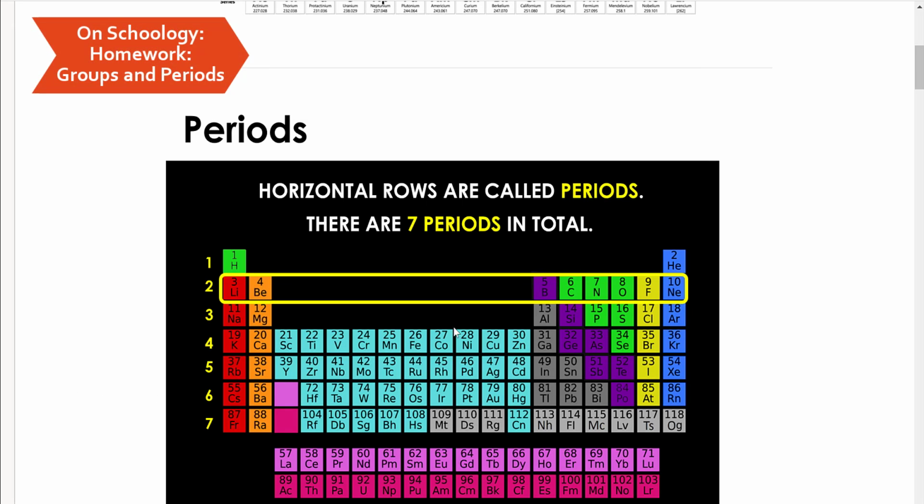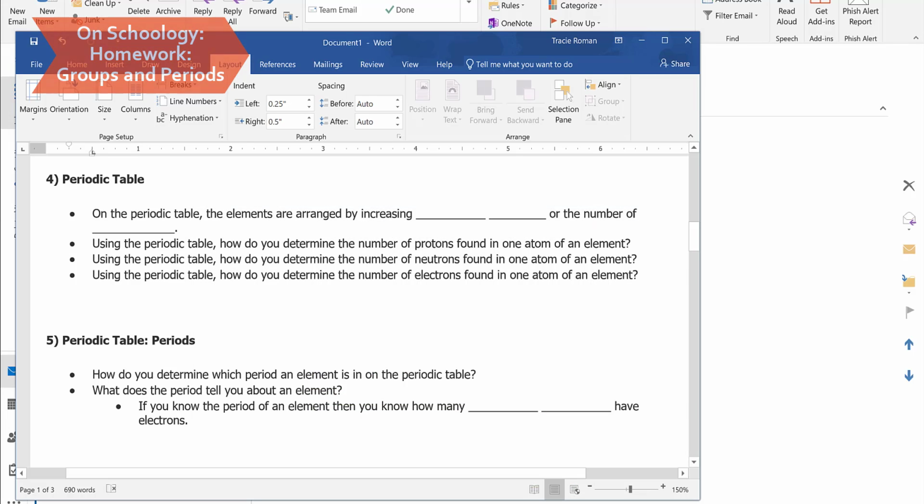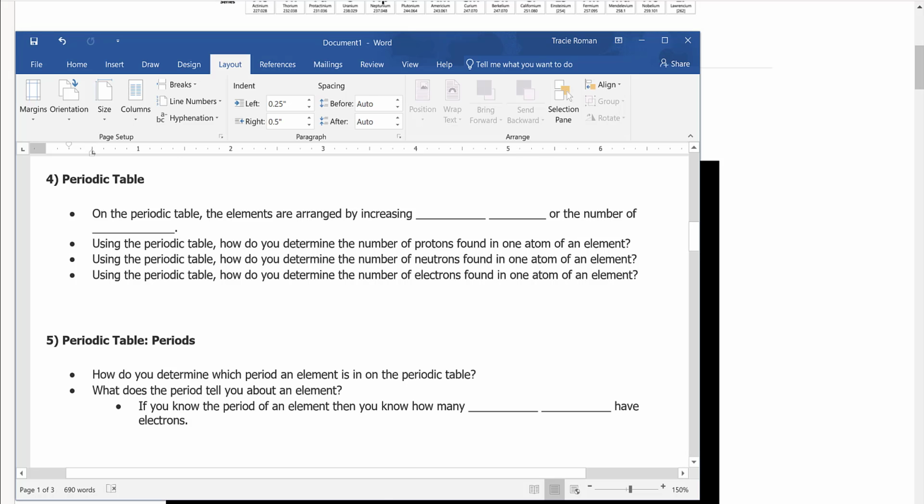So if we look at the periodic table, hydrogen is first because it has an atomic number of 1. Fluorine is 9th because it has 9 protons. It has an atomic number of 9. So these tell you the number of protons, and then the elements are aligned in order of increasing atomic number. All right, let's go back to our study guide.